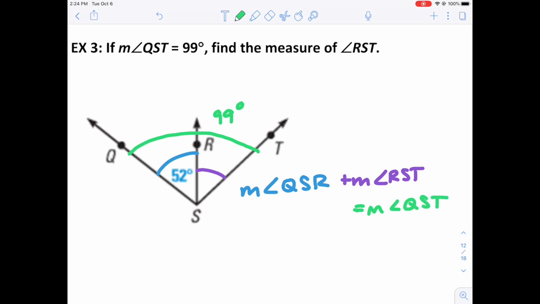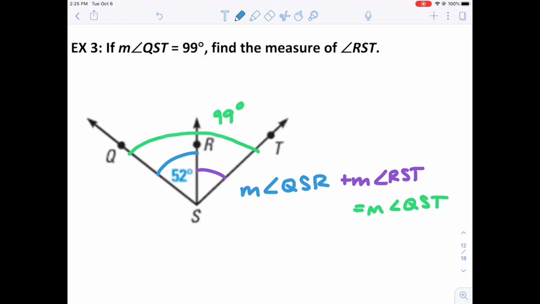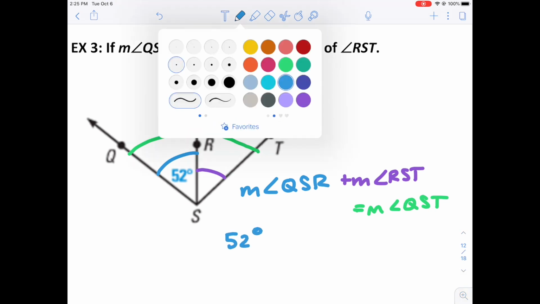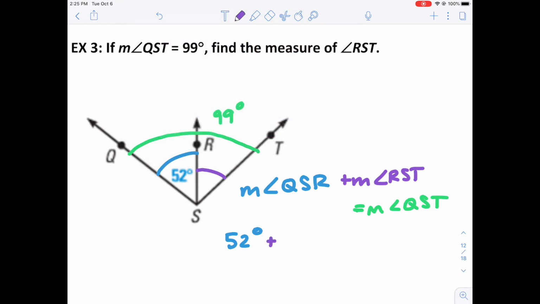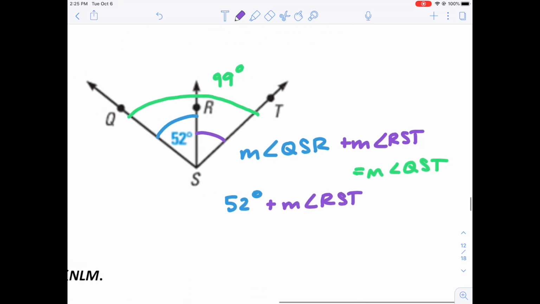And then, super similar to the segment addition postulate, substitute in what you know. So I know that the measure of angle QSR is 52 degrees. I don't know what the measure of angle RST is. And I know that the measure of angle QST is 99.